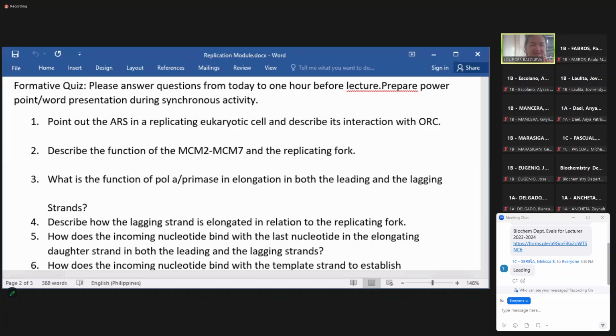So number 2, please. Number 2, we can answer number 2. Describe the function or tell me the function of MCM2, MCM7, and replication fork. The function of MCM2, MCM7.